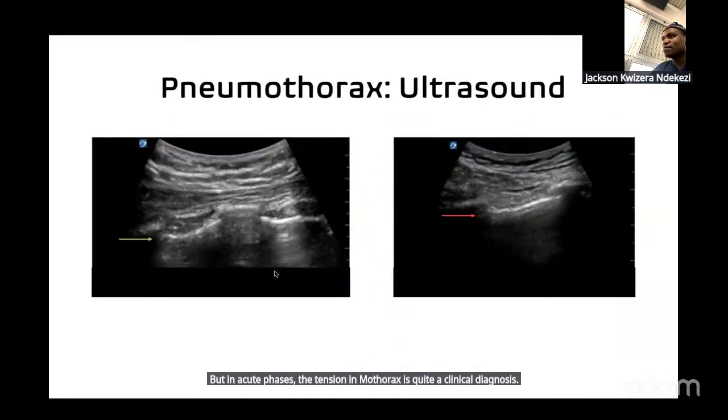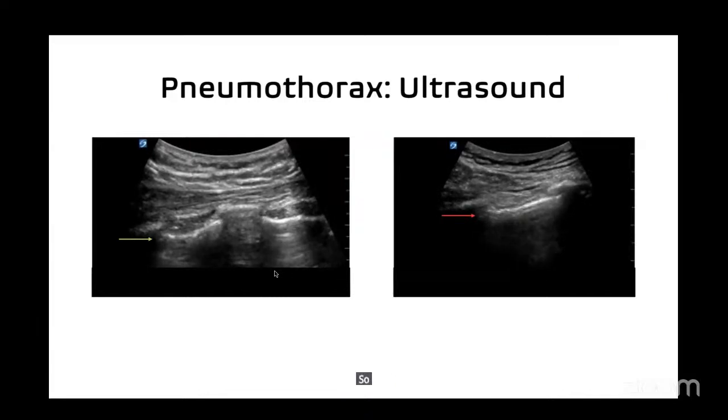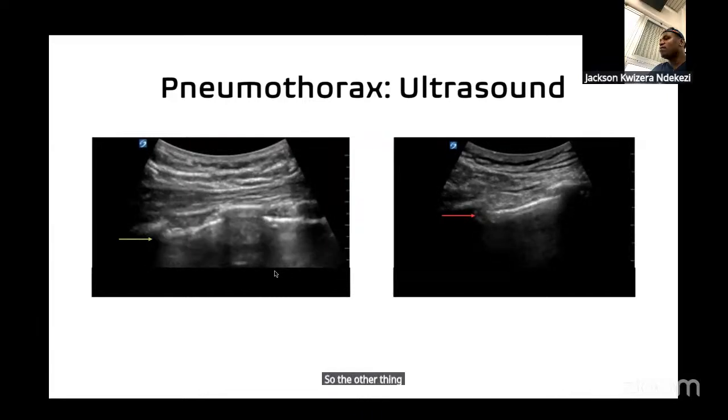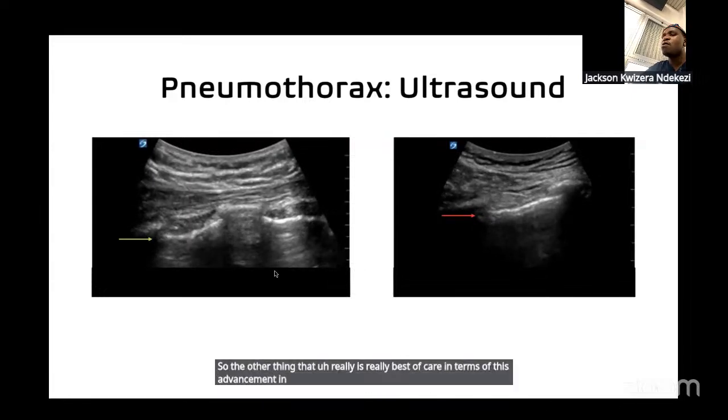Next slide. So the other thing that is really the best of care in terms of advancement in clinical practice is ultrasound.